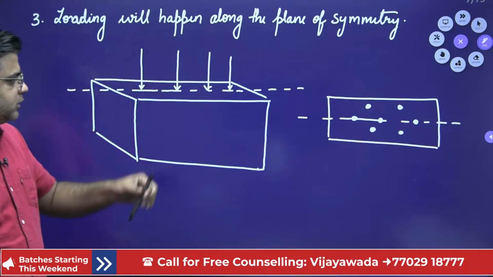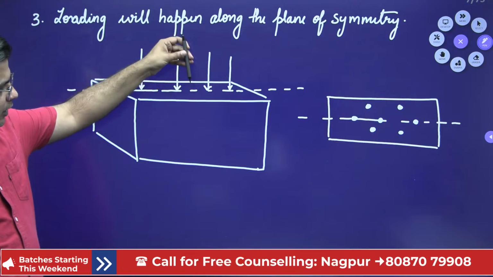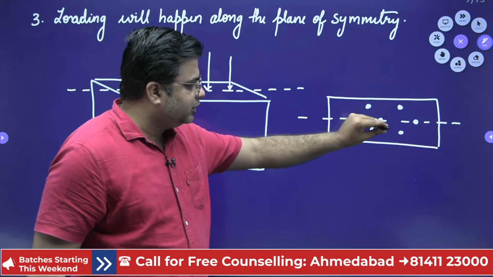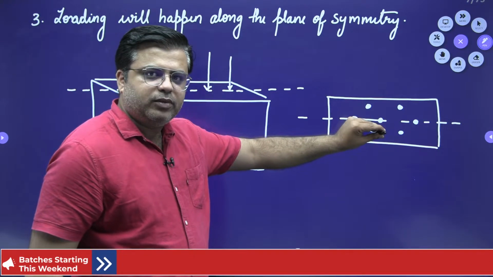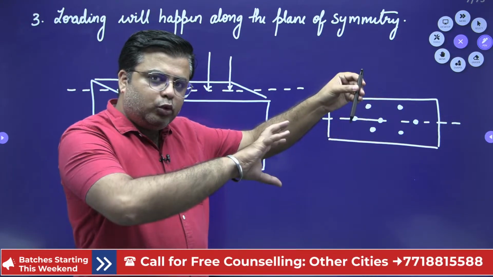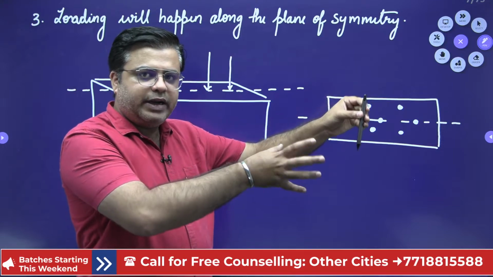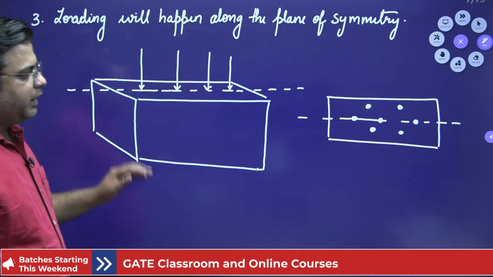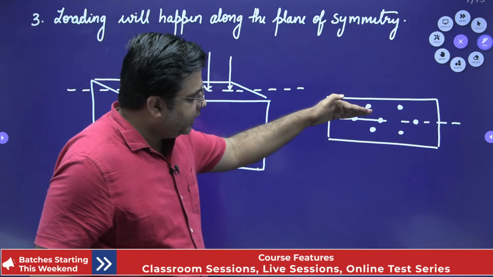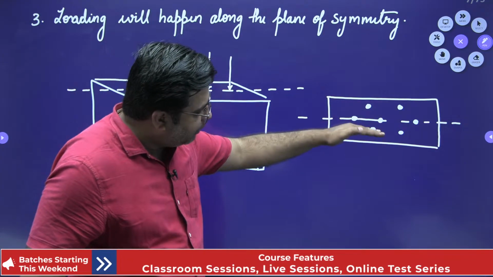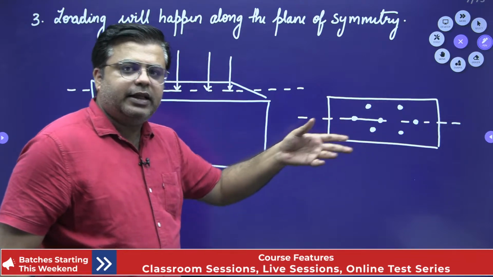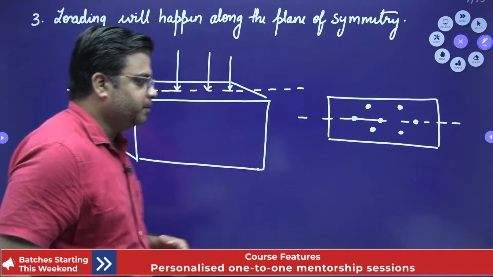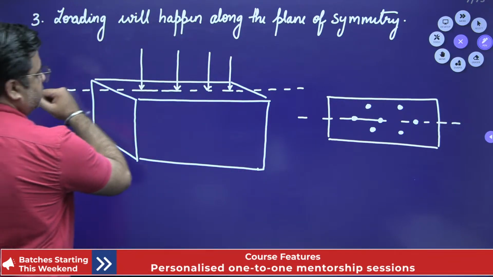Just observe this. If any load is applied apart from the center line like this, right, it will try to twist the member. It will try to rotate the member, okay? So, the loading will happen along the plane of symmetry. This is the plane of symmetry. If any loading happens apart from the plane of symmetry, then that loading will cause additional twisting in the member.